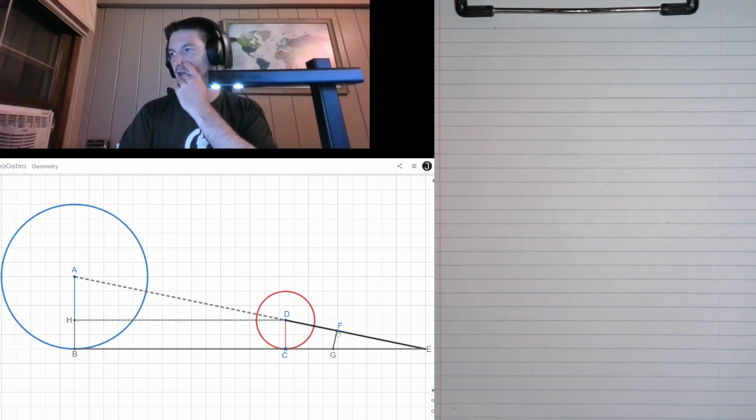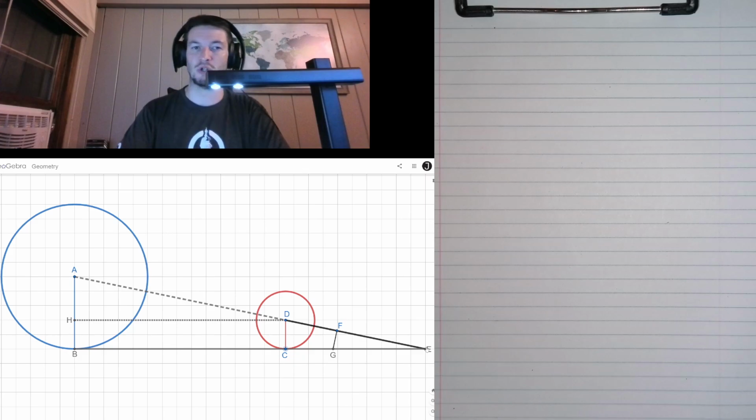However, this length is not the hypotenuse. This length is the altitude of the triangle. So we can't use the distance DE, which we determined before. We can't use it directly. We have to do something to it because we need to know this length, CE.